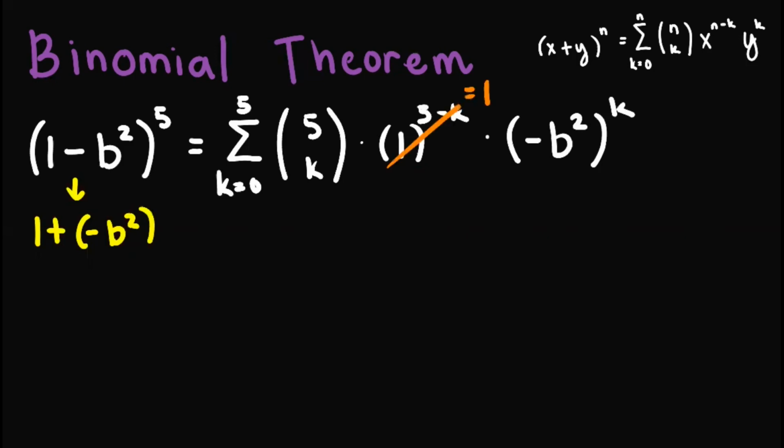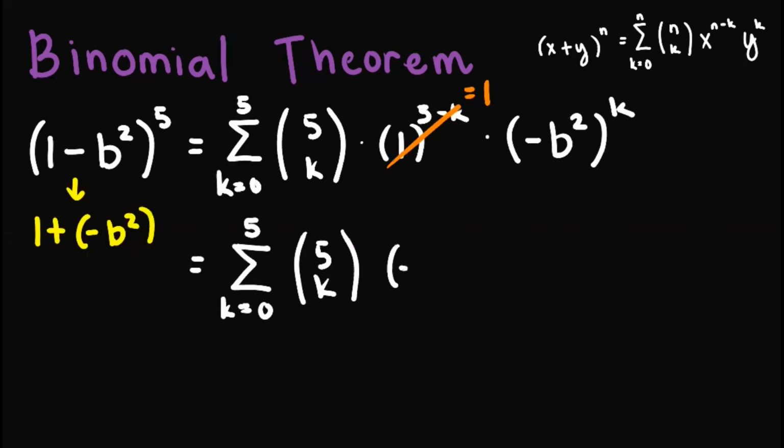So we can remove that one, and so we'll have the summation from 0 rather to 5 of 5 choose k is simply negative b squared raised to k.